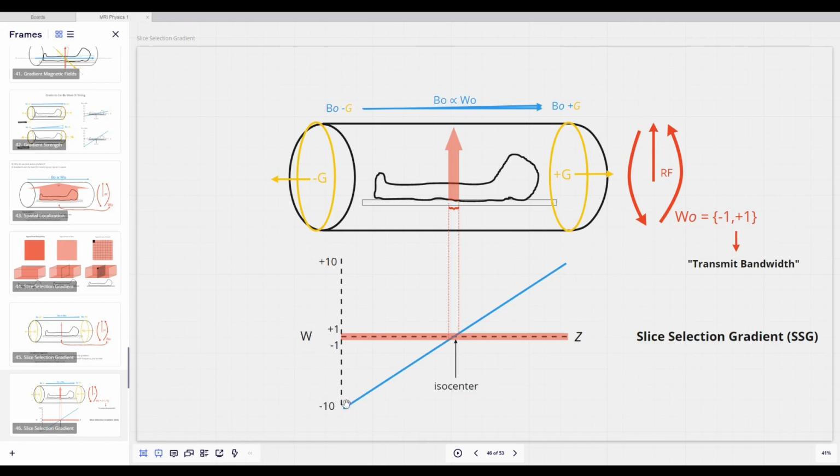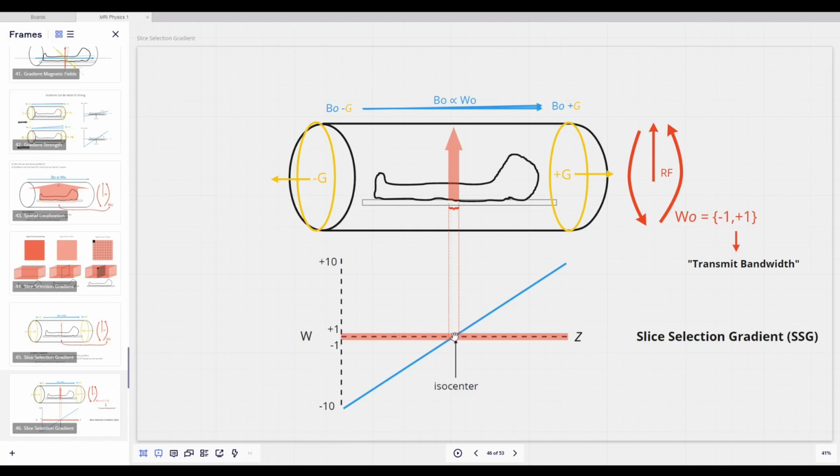So we've created a gradient of magnetic field, but it's also a gradient of frequency because those things are proportional. And as you go from the patient's feet here, this is our z-axis again, to the patient's head, things are moving faster. You have a gradient.